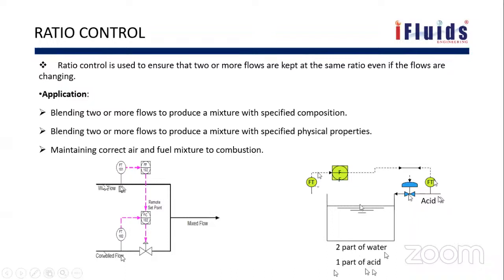For the wild flow, you don't know exactly how much the flow will be, but you need to maintain a ratio between these two fluids. So you measure the wild flow and you have a set point. You have fixed 50% wild flow and 50% control flow. Based on the wild flow, the control flow is also regulated to maintain the ratio in the mixed flow. Suppose you give 60-40, it will maintain 60-40 accordingly. So this is how ratio control works.